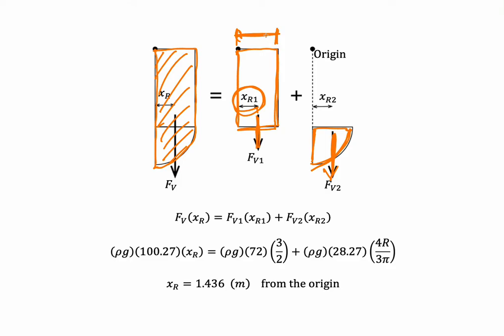Then we could determine the centroid of the quarter circle here by using the equation of 4r over 3 pi.